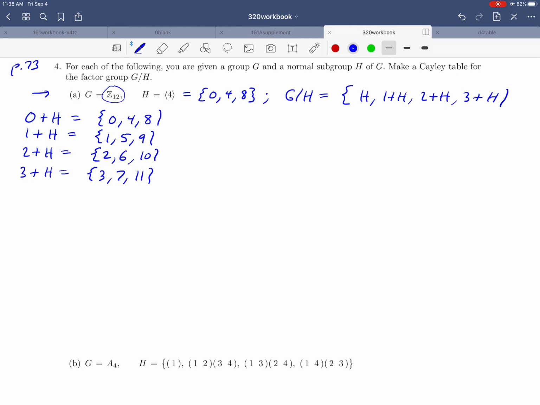Okay, we are ready to make a Cayley table here. So let's list out our elements.